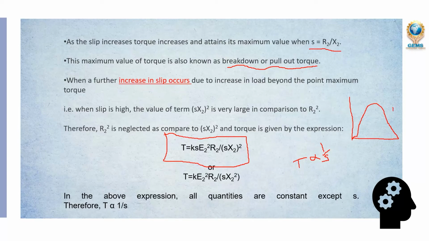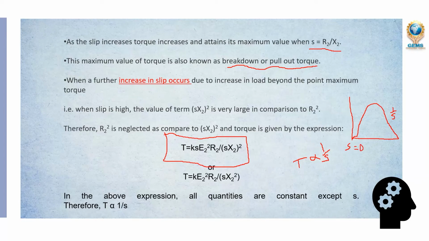it goes as 1 by S. But here the slip value will be high, and yet the torque is reducing. This is the slip: here S equal to 0, and then the maximum point, after that S equal to 1.